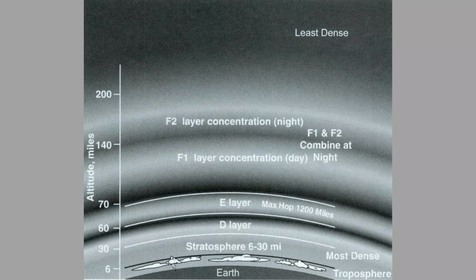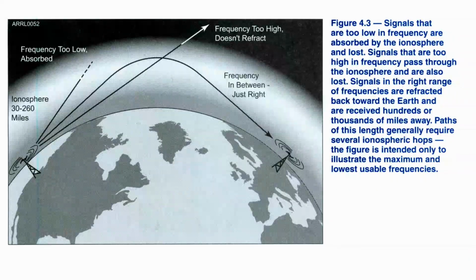But this layer is called the ionosphere, and there are different layers and they do different things, but fundamentally a radio wave takes off from your station, hits this, and gets bent back down to Earth. If the frequency is too high, it just keeps on going. There's a frequency where it'll be bent back down to the earth.